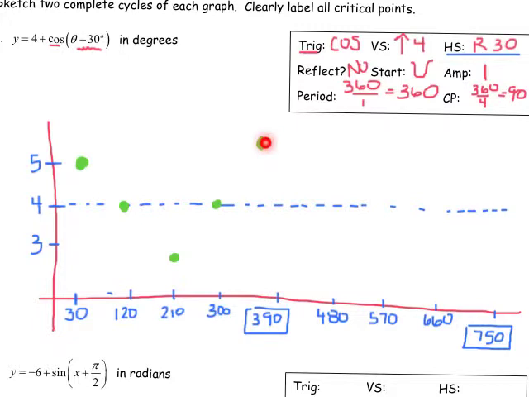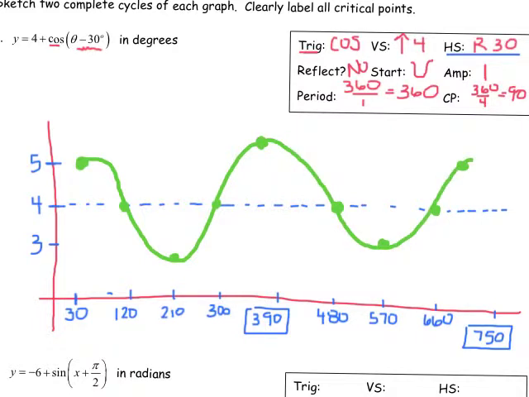If I start here, I'm still starting at the top, I'm going to make a U. So top, middle, down, middle, top. Okay, so this is one cycle, and this is my second cycle. And that is our first transformed trig.